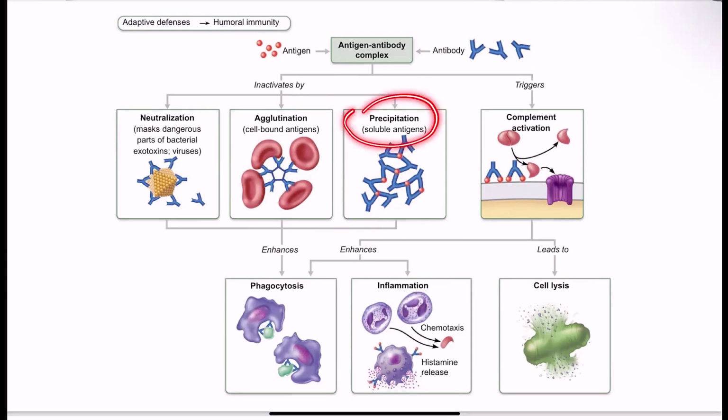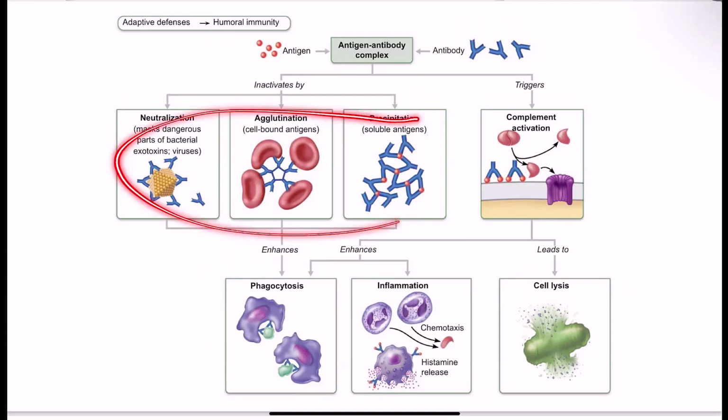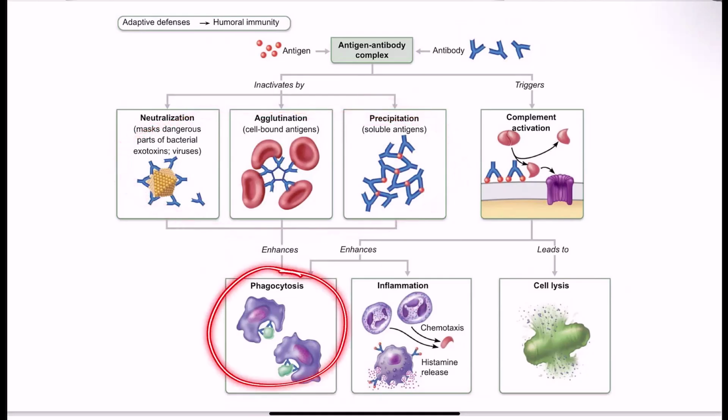And then there's also precipitation that can be done by antibodies. That makes it so whatever that substance is isn't dissolved in solution, it's taken out of that solution. And all of these actions lead to the same common goal, which is phagocytosis of that thing. So, in short, antibodies flag whatever it is for destruction so that phagocytes can eat it.